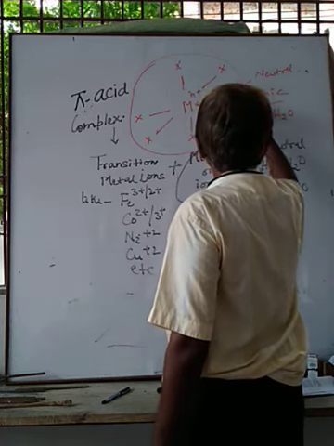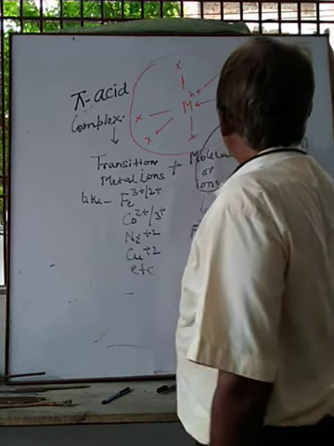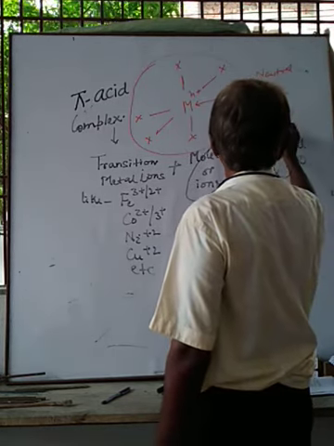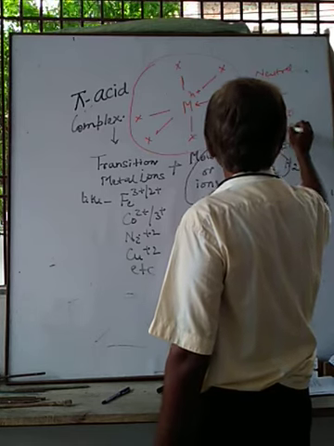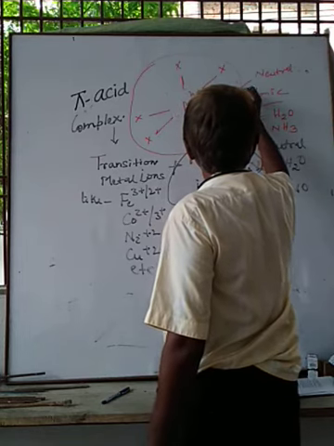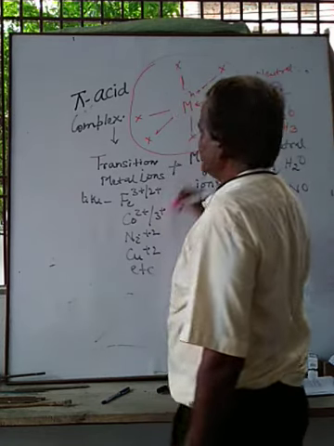If X is ammonia, then the donor atom is nitrogen.